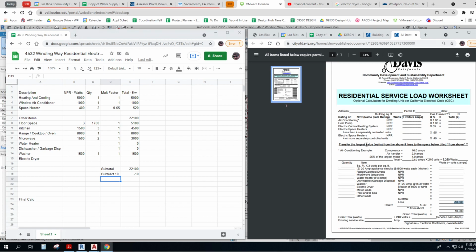Hold on a sec. So right here, transfer the largest value here. Okay, so that's going to be, okay.